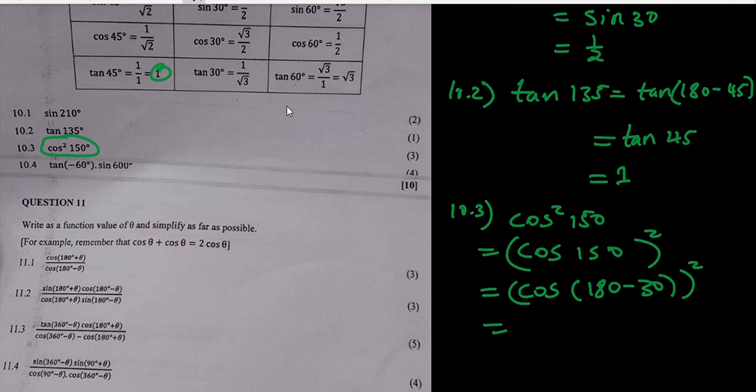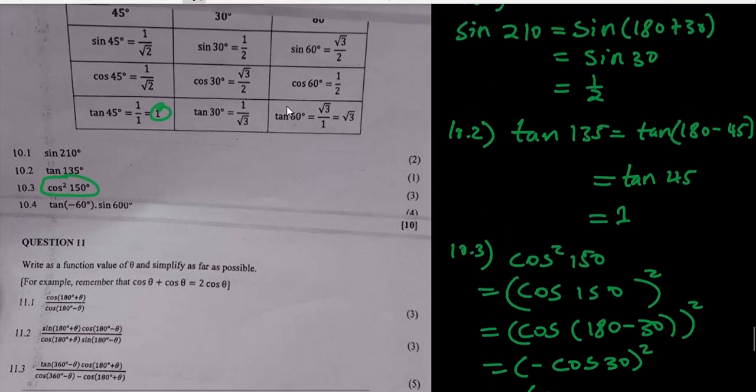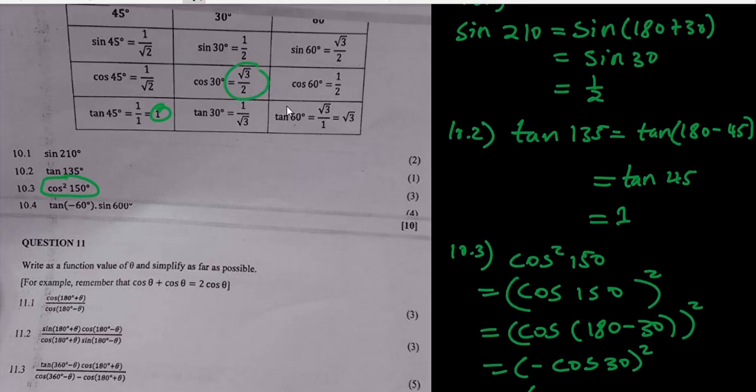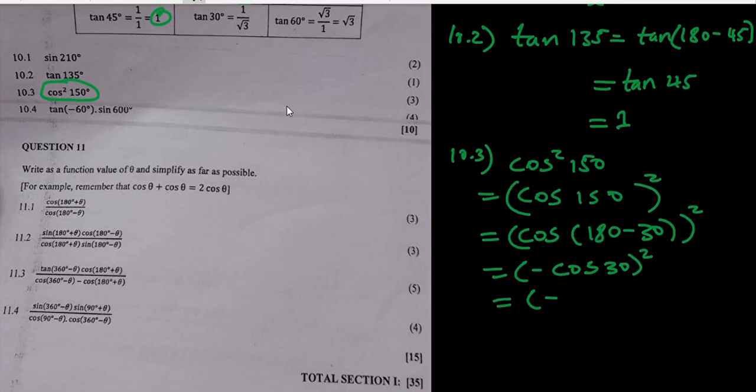On quadrant number 2, cos is negative. So I'm going to have negative cos 30 all squared. Cos 30 is root 3 over 2, and then it is all squared.